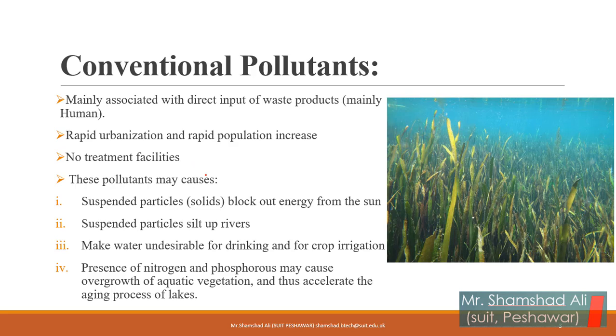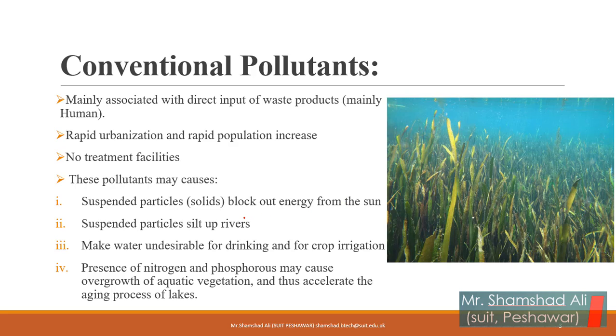The main causes of these pollutants are the conventional pollutants, meaning the direct input of waste products, mainly by humans. The first is suspended particles or solids, which block out energy from the sun, and thus there is danger to marine life.